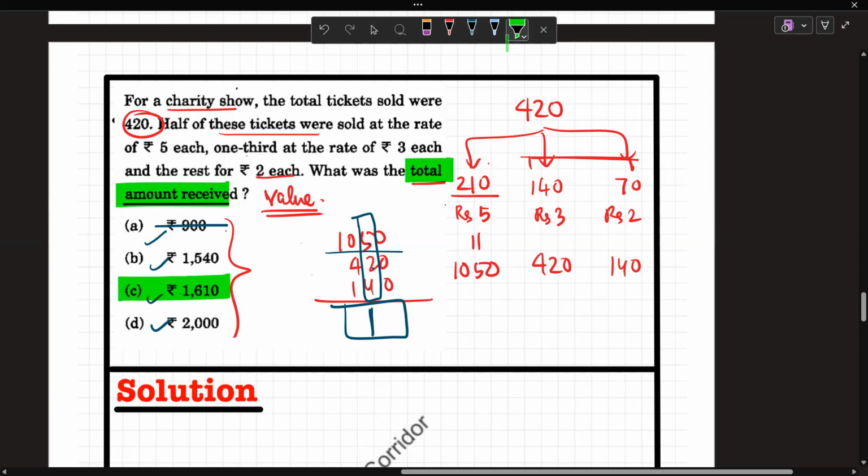Clear? These are the tricks that you need to use to save at least 10-20 seconds in every question. If you do that, you will get at least a 5-6 minute bonus at the end of the day. In that bonus time you can solve 2 to 3 more questions to get 7.5 marks. Got it?